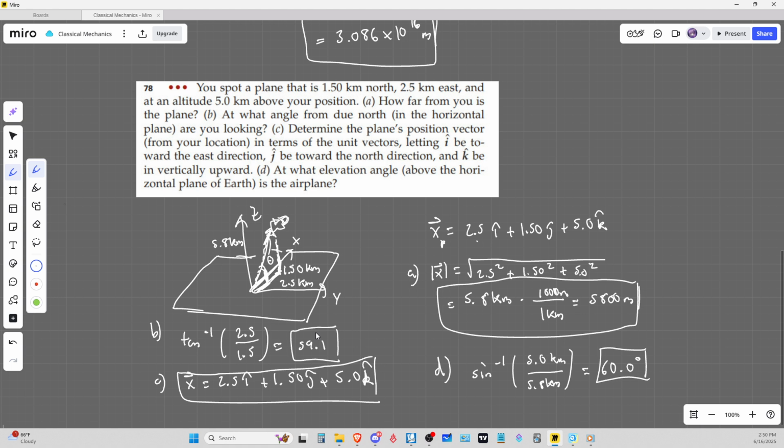Gave them 59.1. Because, let's see, it's in this direction. That's 2.